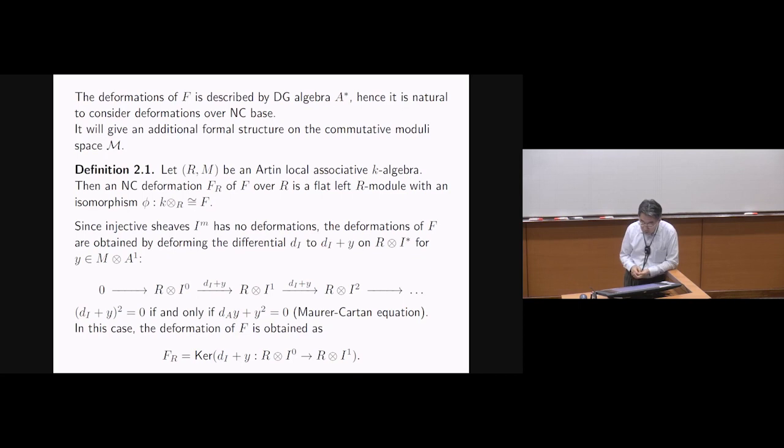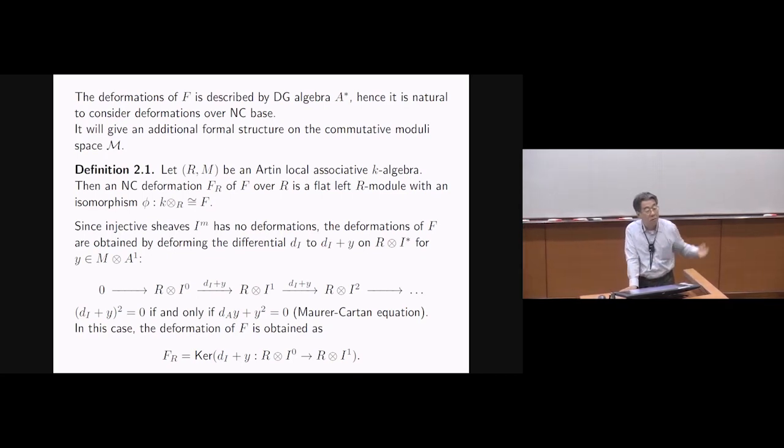So d_i plus y is an element in R tensor I star, and I get this complex. And usually, this is not a complex actually. So this is just a sequence of linear maps. And if the square is trivial, then it becomes a complex.